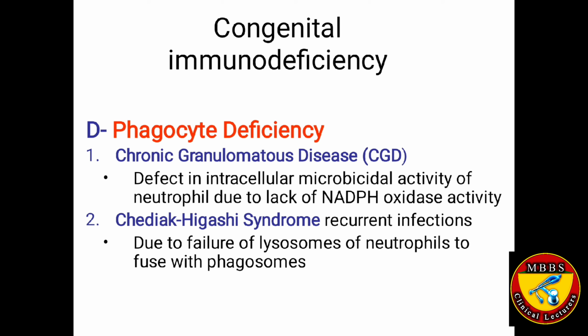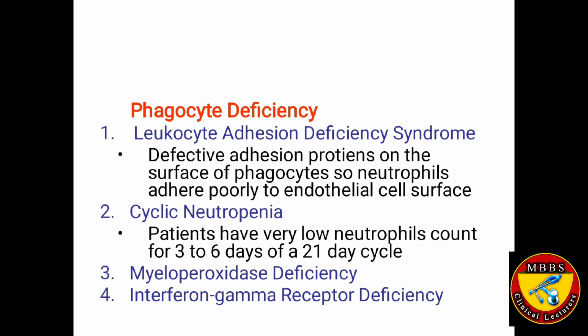Defects in leukocyte function can also affect leukocyte adhesion: in leukocyte adhesion deficiency syndrome, there is defective leukocyte adhesion to the endothelium, so the migration of the neutrophils cannot occur properly to the culprit site.